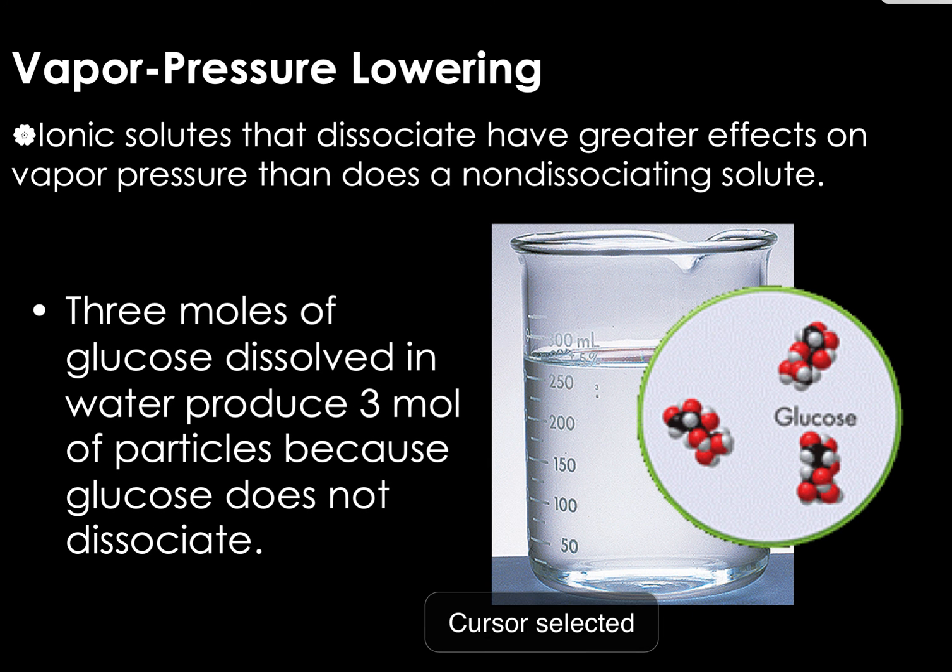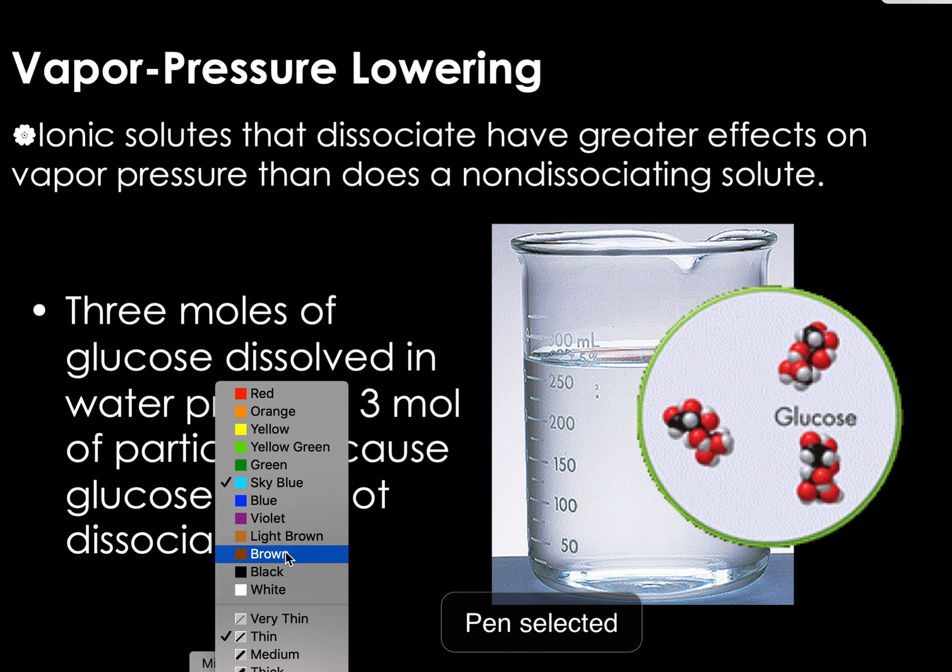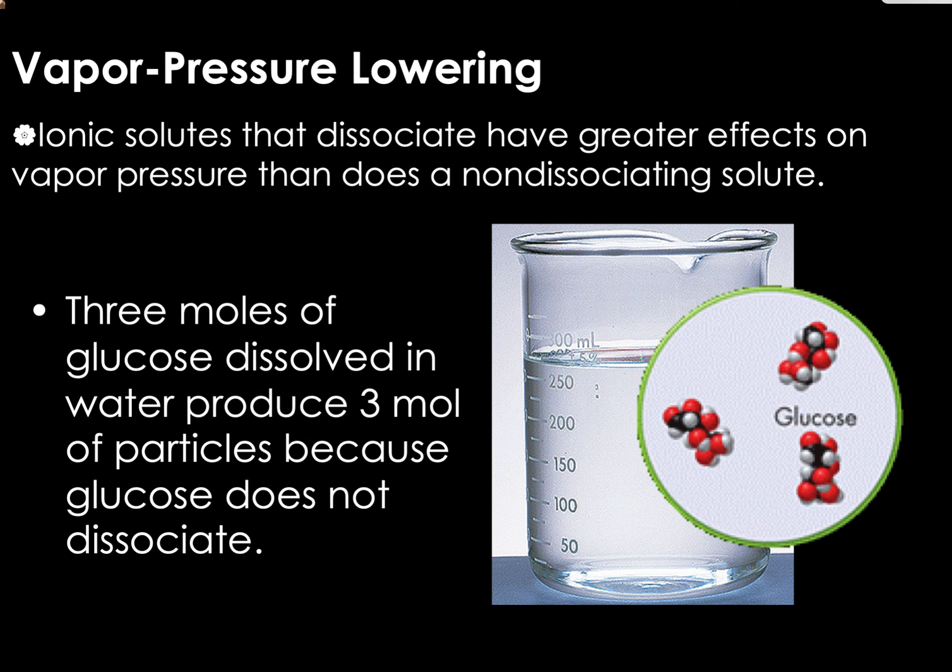Now the next one, say we had 3 moles of glucose, and I know glucose is not an ionic compound. It's molecular. It's made up of all nonmetals. So I know this is not going to dissociate. So it's still going to be 3 moles C6H12O6.